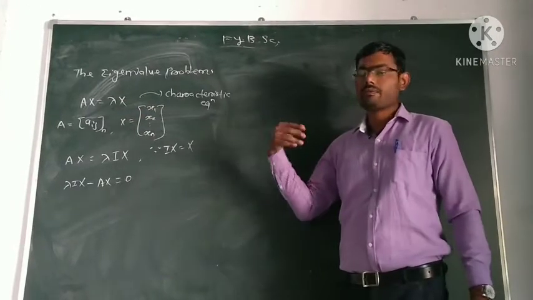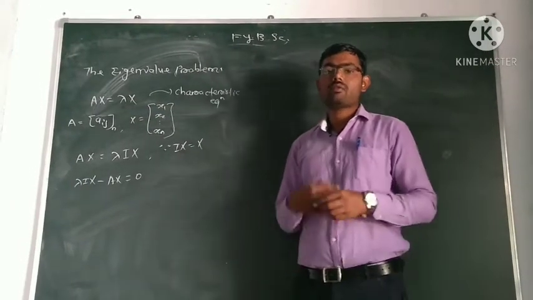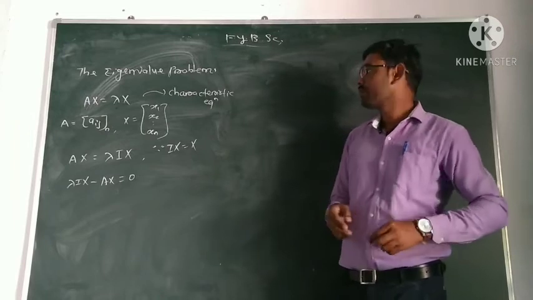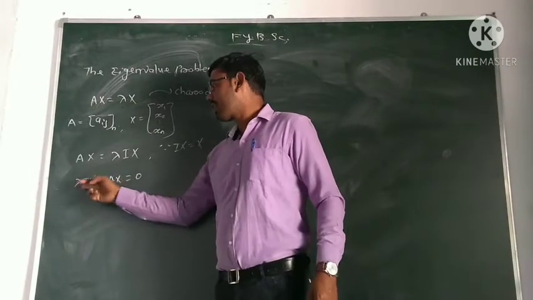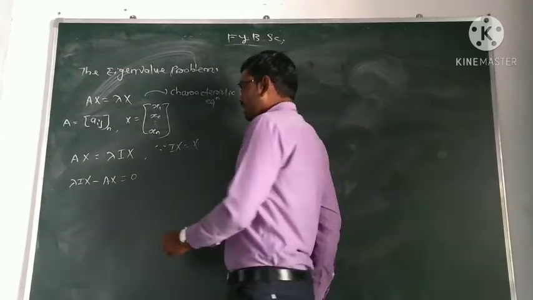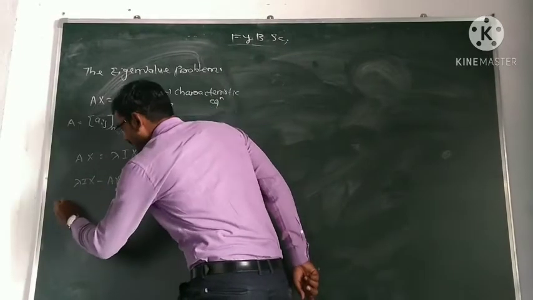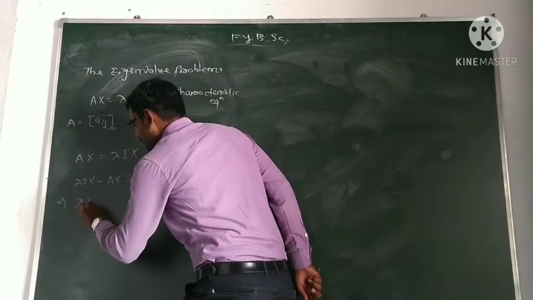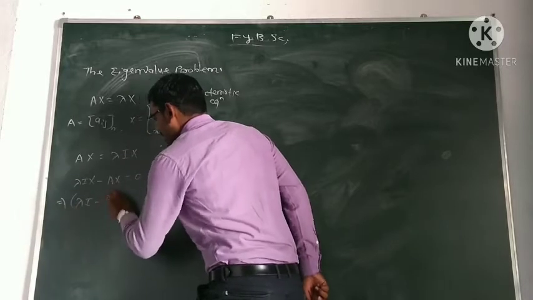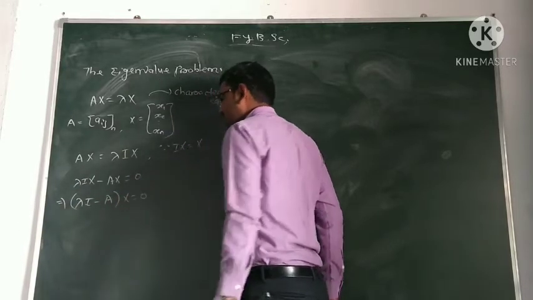I will make this clear after some explanation and when we see one example. Now x is common, so this can be written as (lambda I minus A) x = 0.